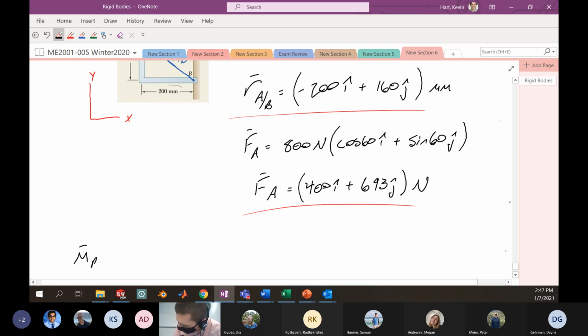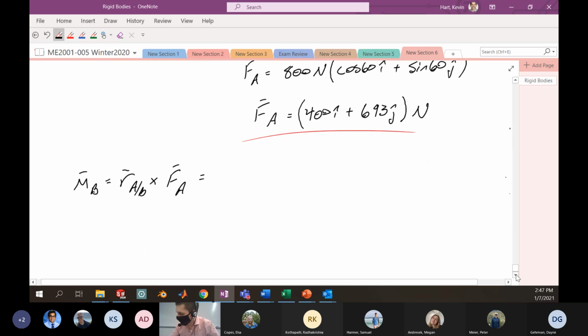So the moment about B is going to be your RAB crossed with the F at A. And I can set up my determinant form. I'm going to include all three I, J, and K, just so it's clear what's happening in my individual components.